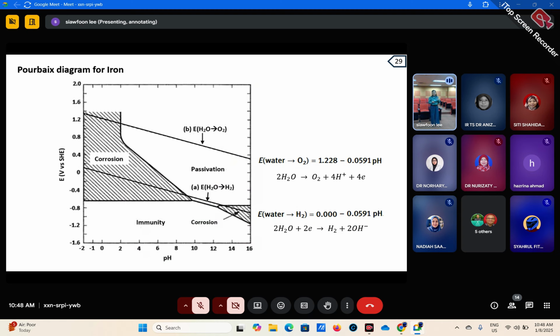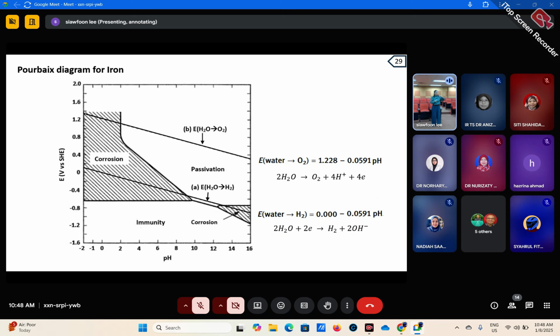For example, newly mixed concrete has a pH of around 13.2, somewhere here, and this is the potential. If you apply the potential here, at this point, you will actually corrode the steel. However, if you apply the potential here, you passivate the steel.